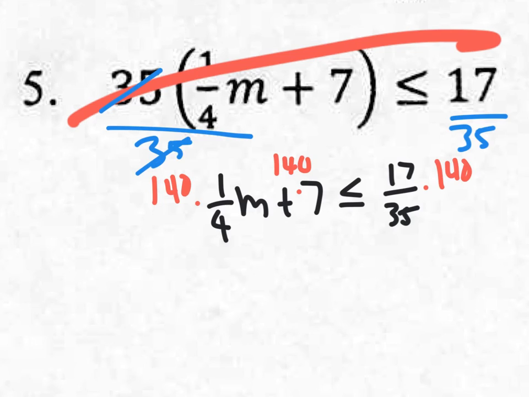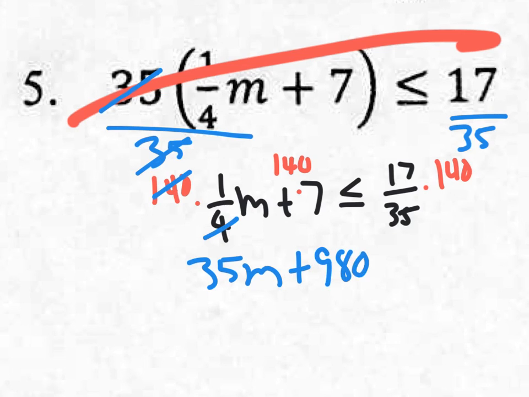So 140 over 4, that actually becomes 35. So you have 35m. 140 times 7 on a calculator here is 980. So you have plus 980. And less than or equal to, and 140 and 35 cancel out, you end up with a 4. So you have 17 times 4, because there's still a 4 up there. 17 times 4 is 68.